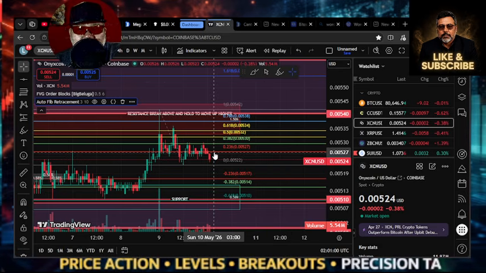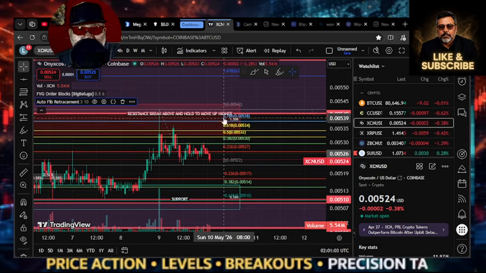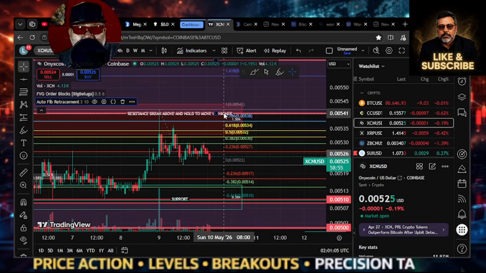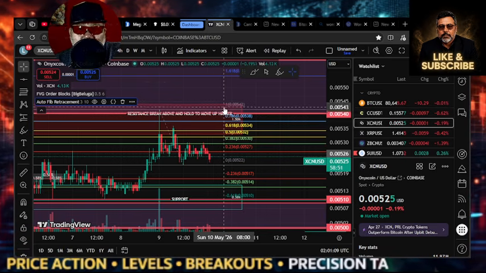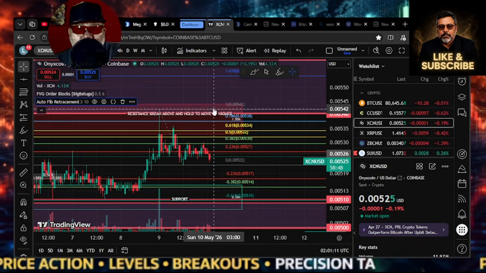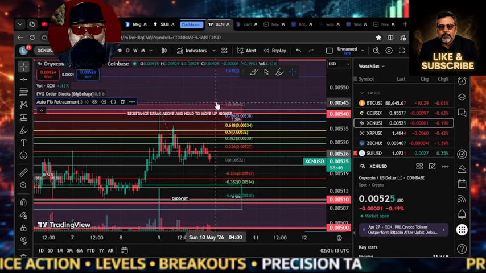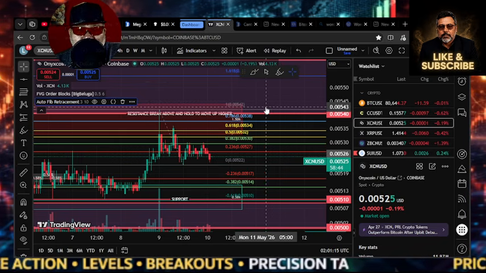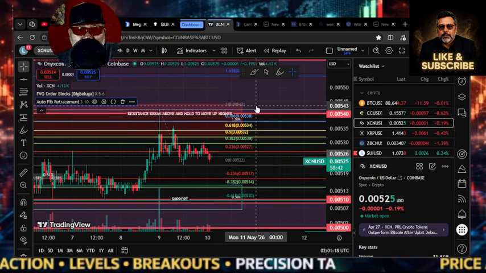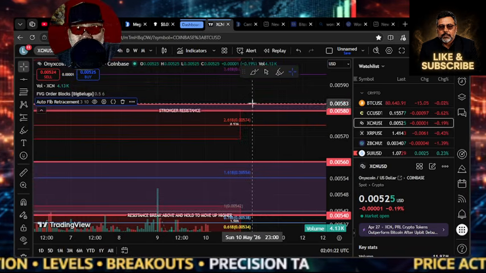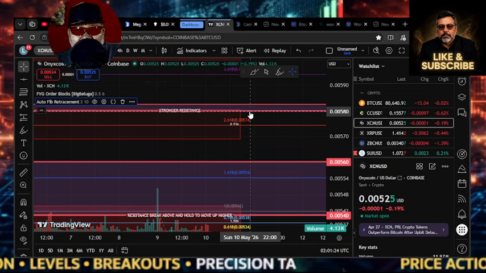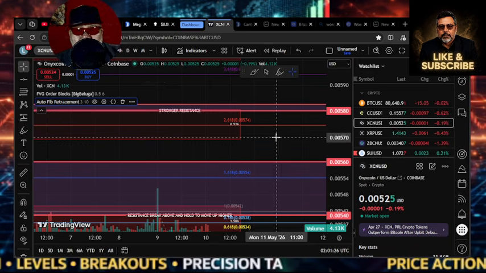So I'm saying that we're going to try it again. Once we get to this resistance area, pushing through and getting above the 1 at 00540, and hold this area of support, then we can say we're getting ready to push right on up to this level right here at 00580.